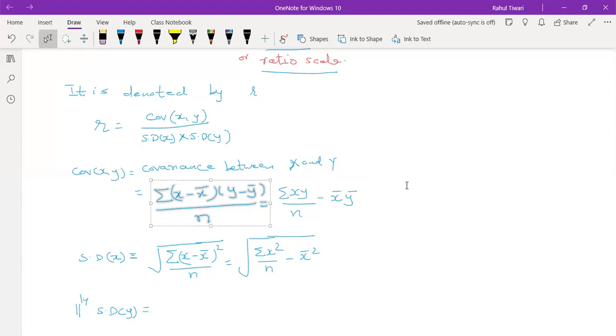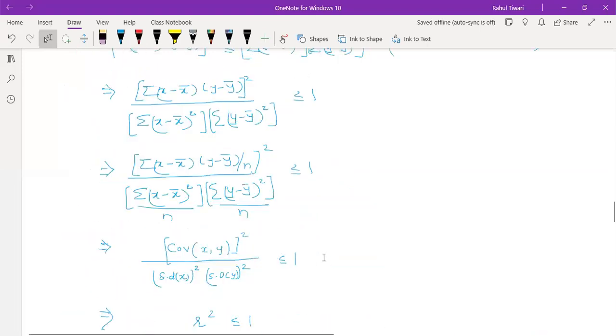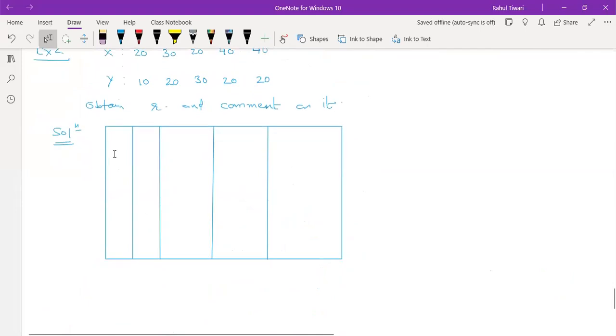But if you are using the formula with summation XY, then you already have X and Y. You simply need to create 3 more columns.